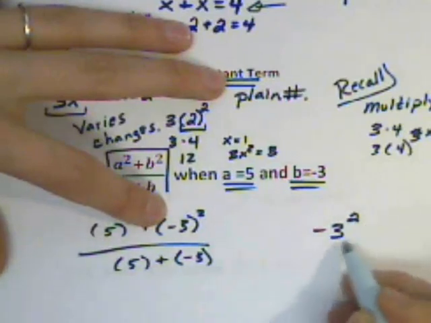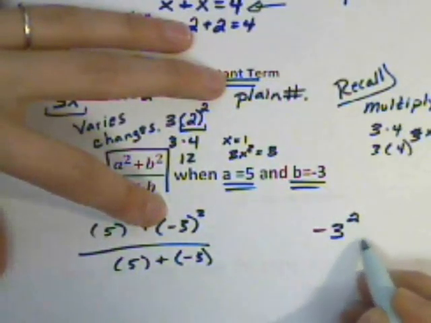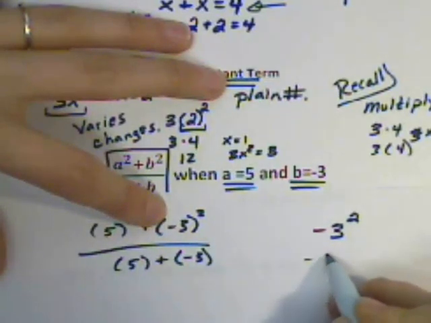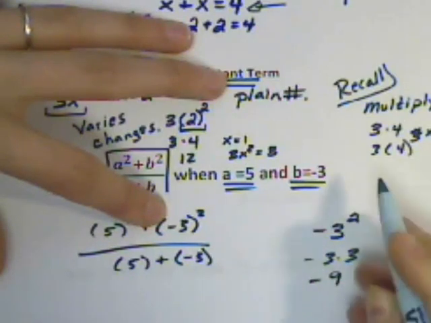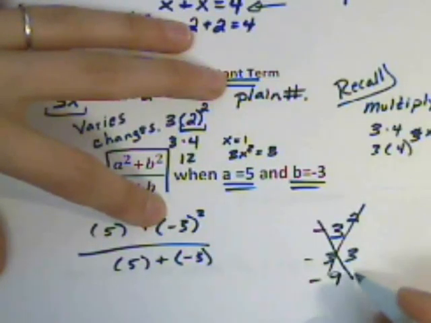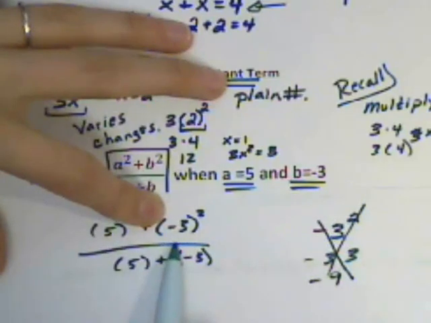When it's like this, like I have it on the right of the page, negative 3 squared, remember it would be negative in front of 3 times 3, right? So negative 9. In this case, however, we have it in parentheses.